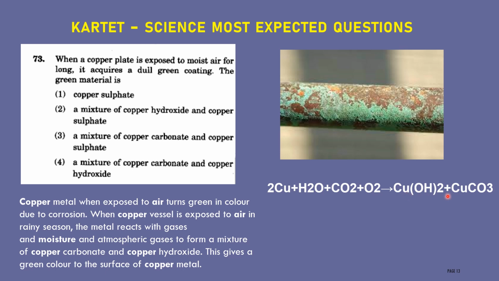Because of the formation of copper hydroxide and copper carbonate, you can see the green patches, the green coating on the copper surface. Therefore, the correct answer for this question is a mixture of copper carbonate and copper hydroxide, which forms when copper reacts with atmospheric carbon dioxide, oxygen and moist air.